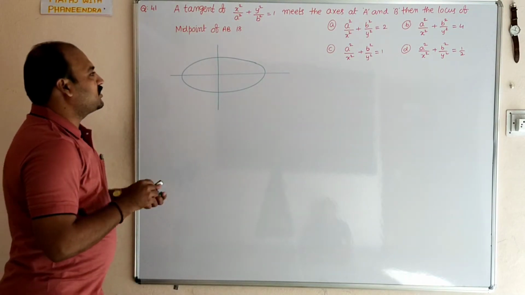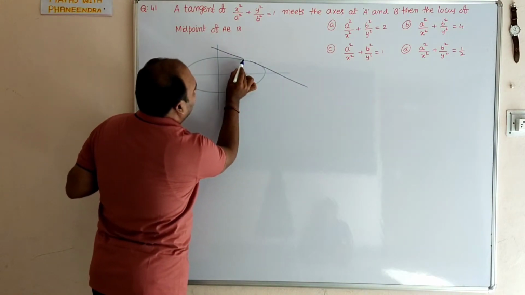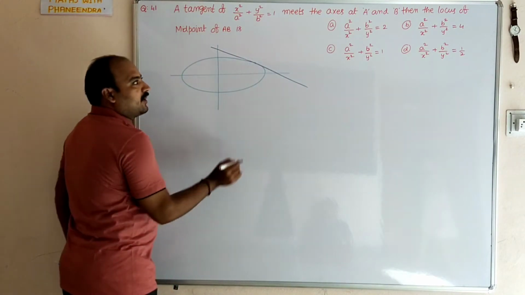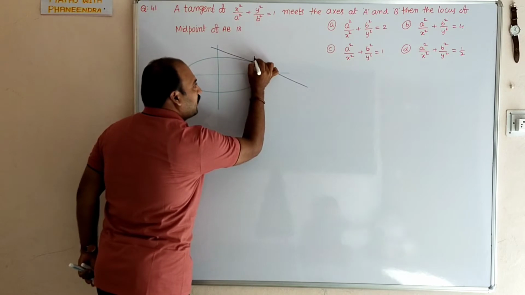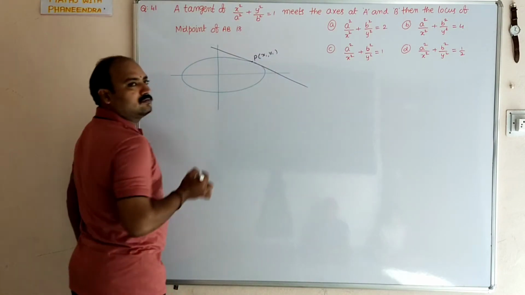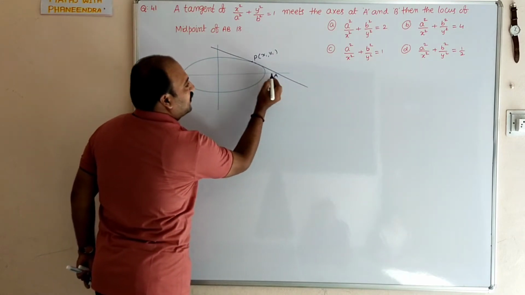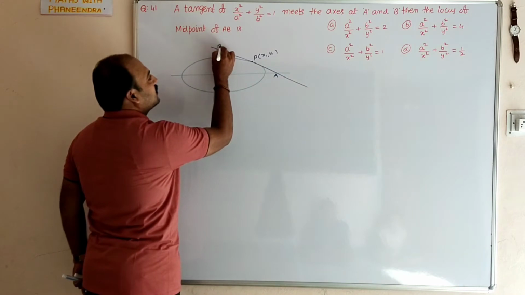And this is the tangent equation. Tangent at what point? P of x1 comma y1. It meets the axis at A and B points.